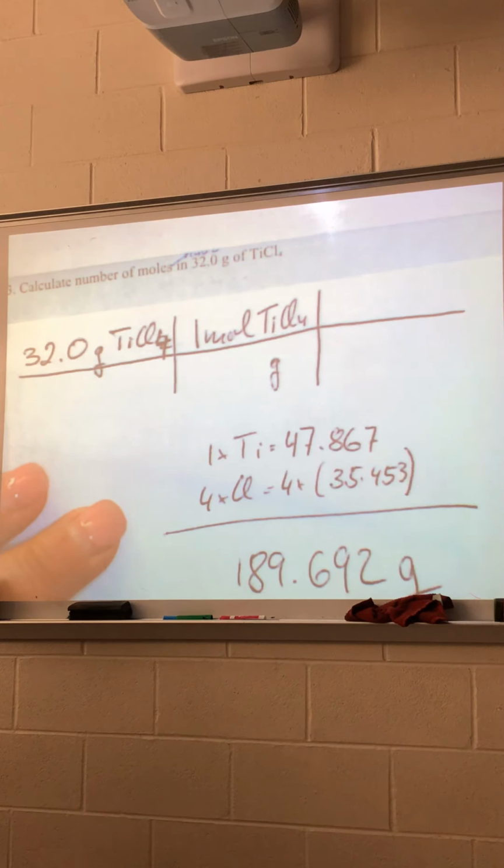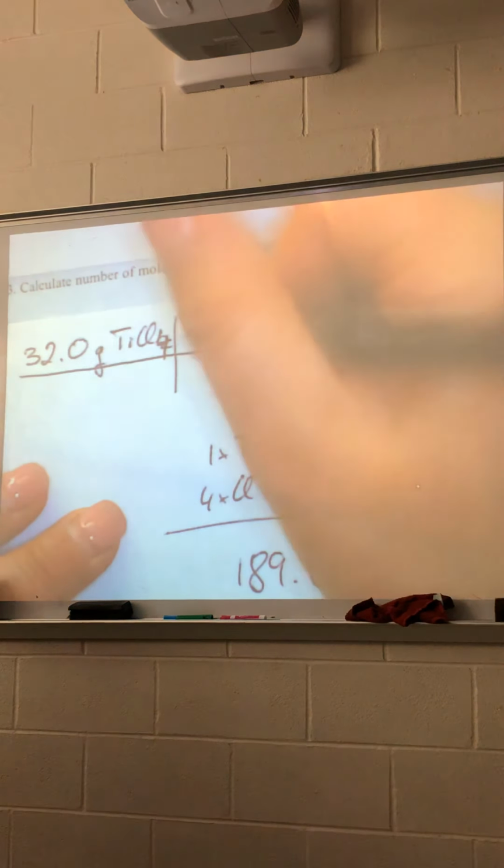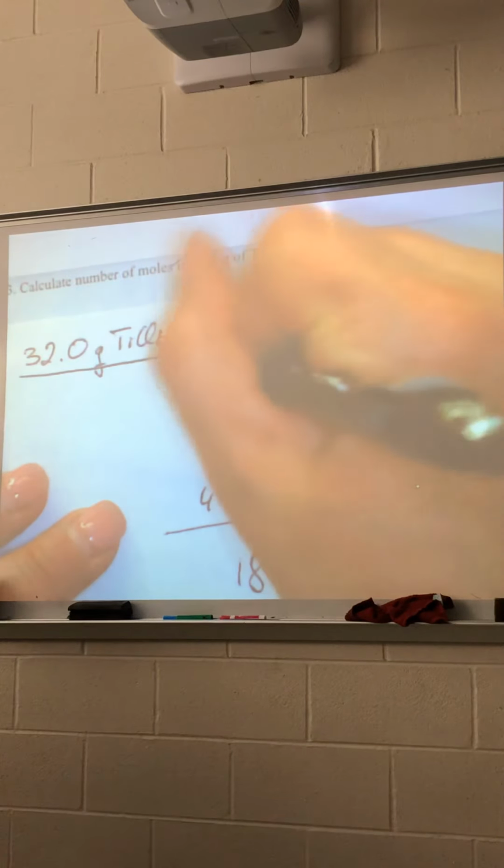Right? This is what you should get right here. So I get 189.692 grams of titanium chloride.